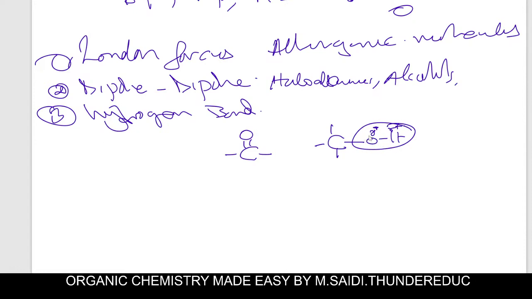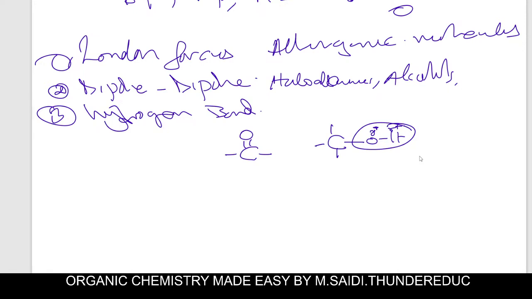This is for the hydrogen bond, and this is for the dipole. Hydrogen bonds look like dipoles, but because it is between oxygen and hydrogen, it is designated a hydrogen bond. It is not between hydrogen and other atoms. It is specifically between hydrogen and oxygen.